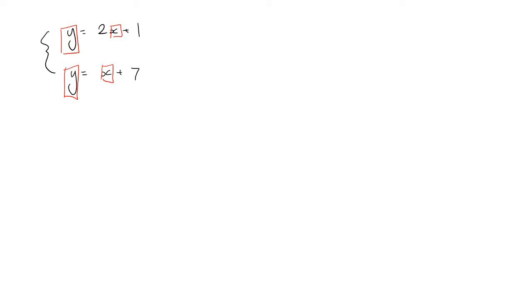So what we can do with this is we can combine the two equations and solve for y and solve for x. Now there are two ways to solve a simultaneous equation. We can either use a method called substitution, or you can use elimination.